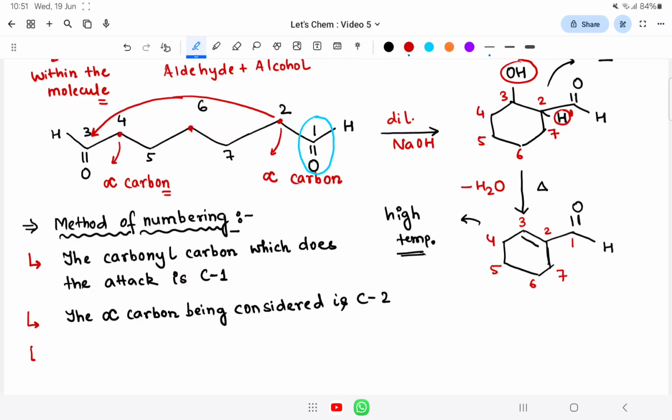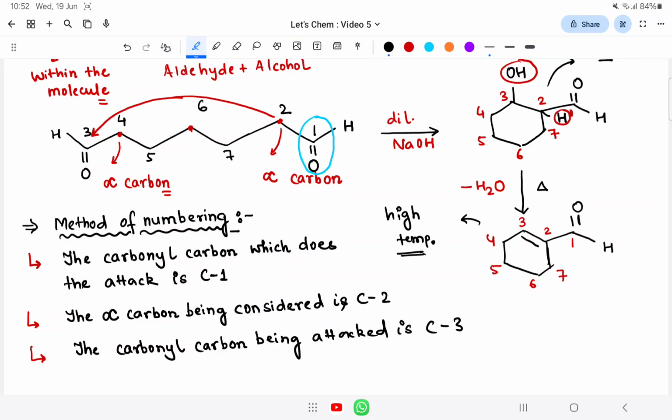And the third point that we'll write is the carbonyl carbon being attacked is what, guys? C3. So this method of numbering will be very important for us to understand this technique.